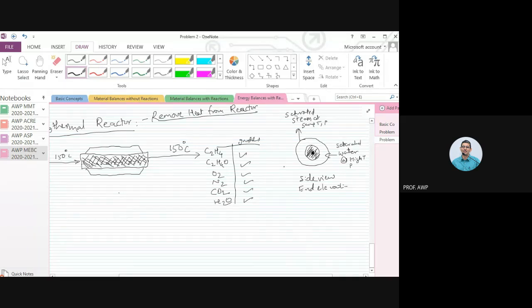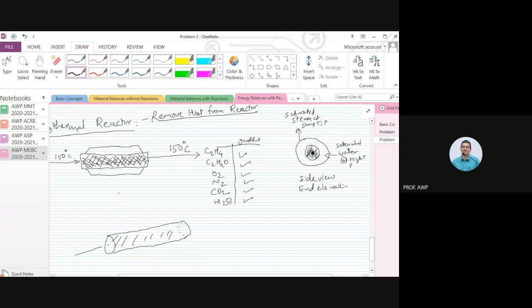Can you visualize? If you want to draw isometric, this is your inside tube. It is full of catalyst.